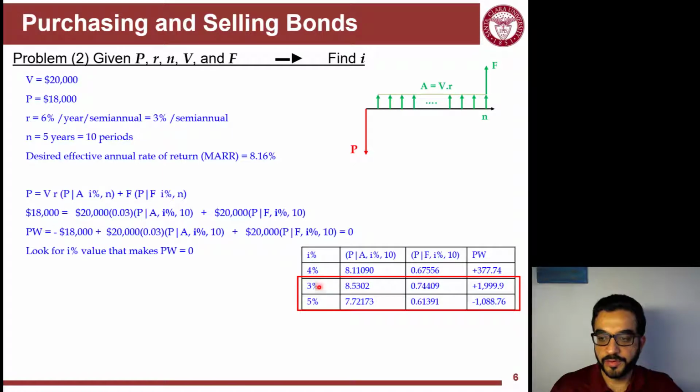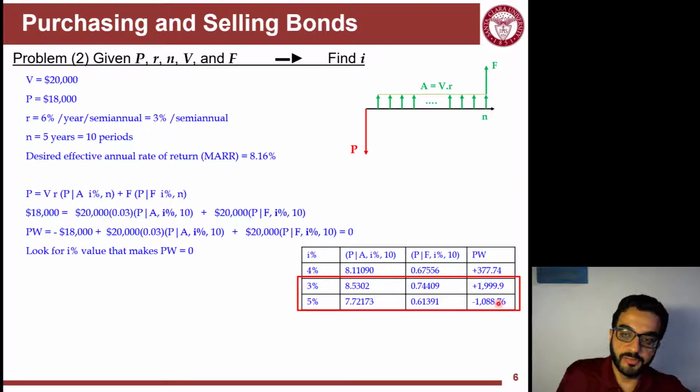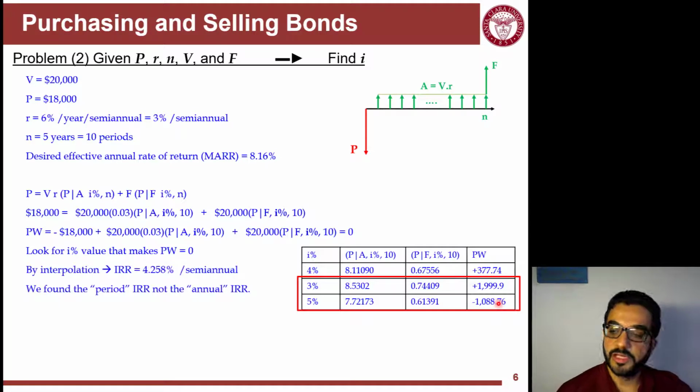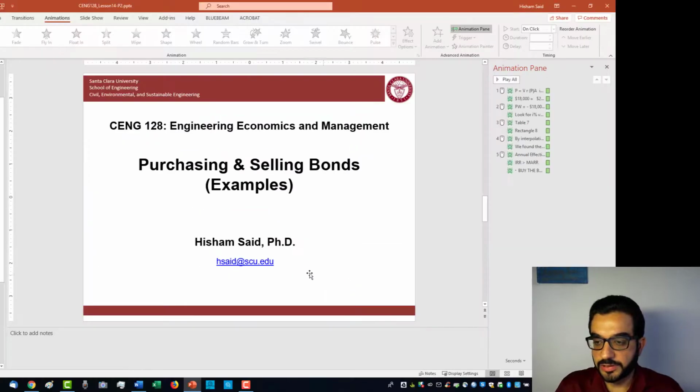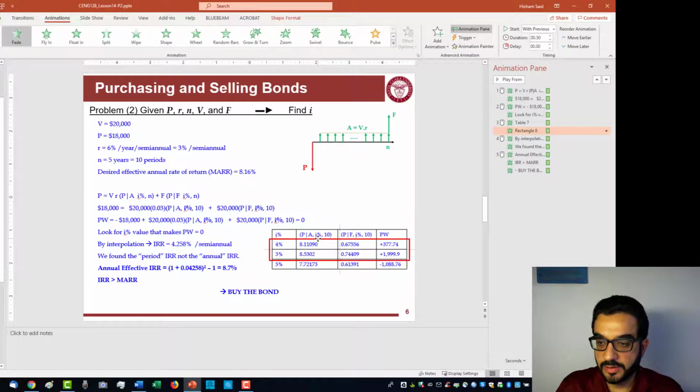So I now figure out I have to go the other way, the opposite side, which is increasing the rate to 5%. And you can see here now I flipped the sign of the present worth. So this means the IRR is between 4% and 5%. That's actually something I have to correct here. So it's between 4% and 5%.